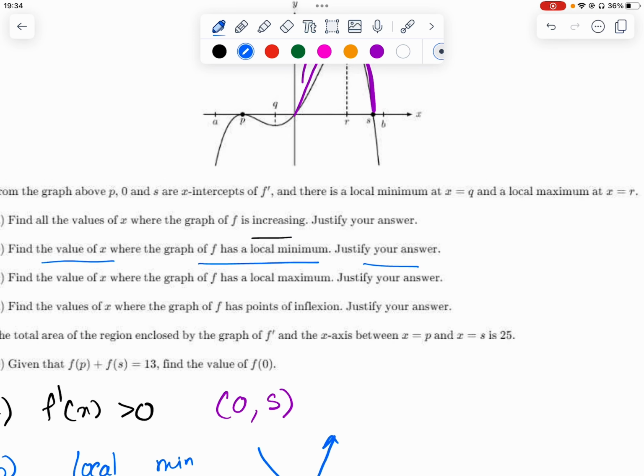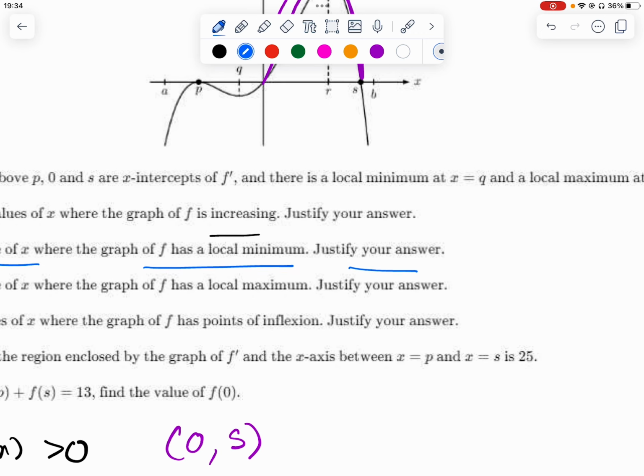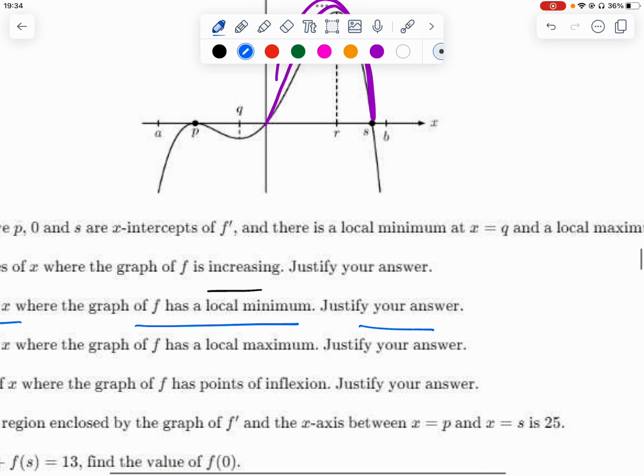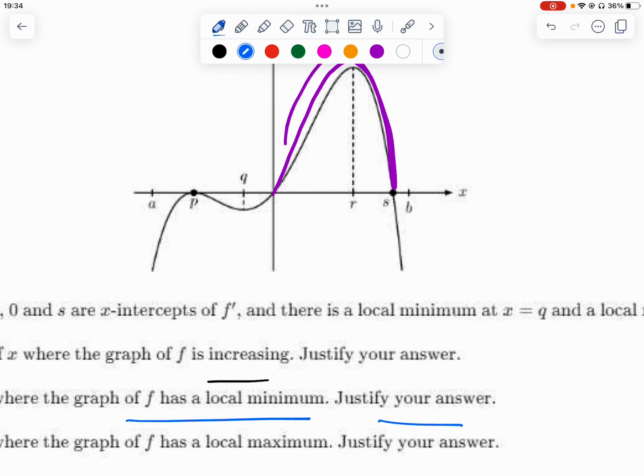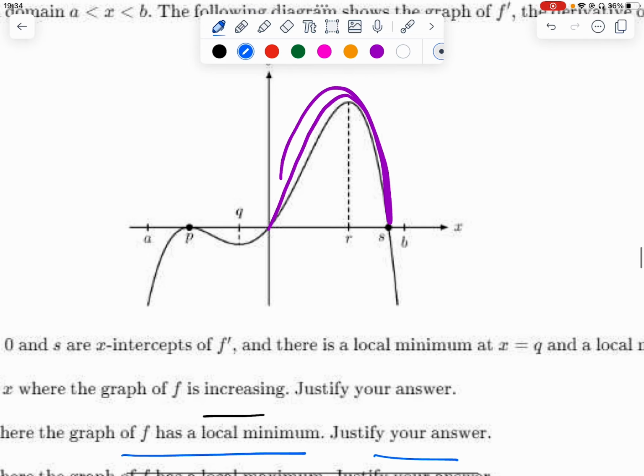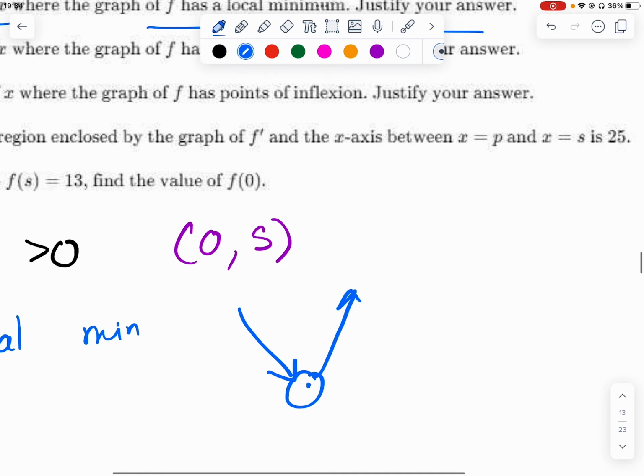So we can see the graph where the derivative is changing from decreasing to increasing. And if it is increasing to decreasing, it is going to be nothing but what? Maximum.